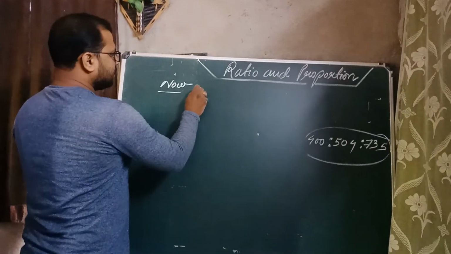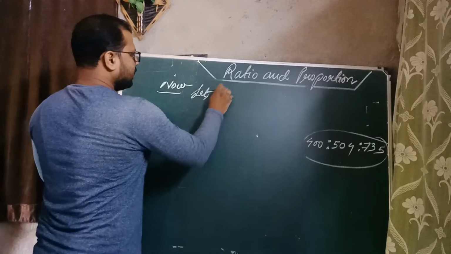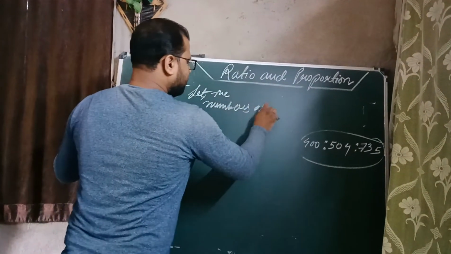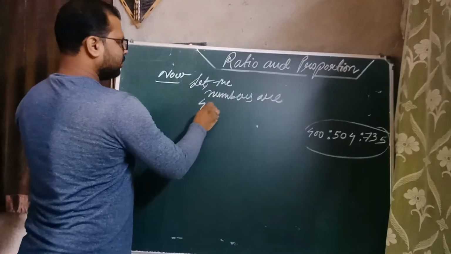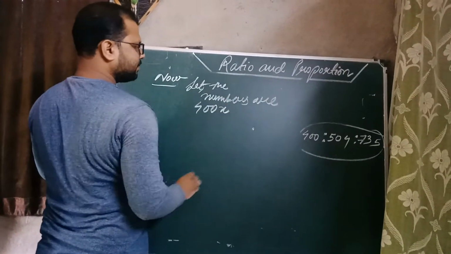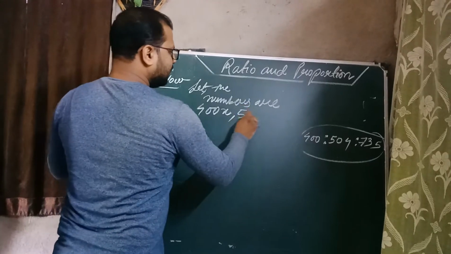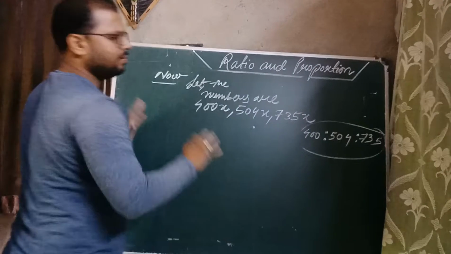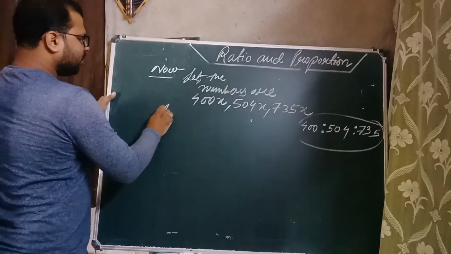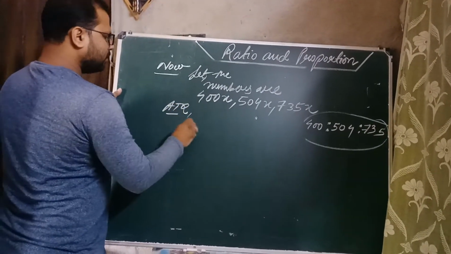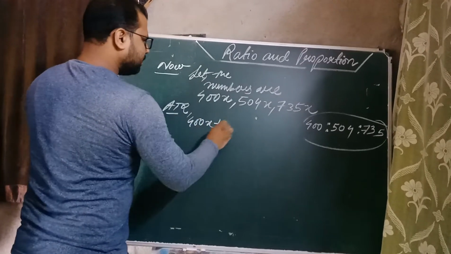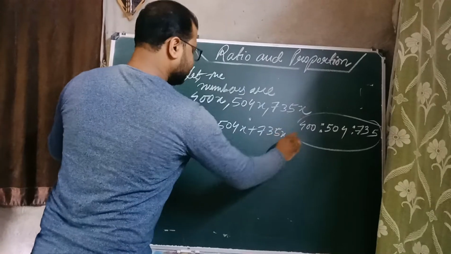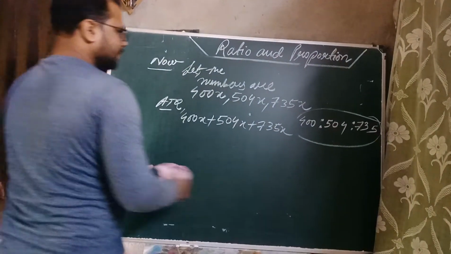So now, let the numbers be 400x, 504x and 735x. Three numbers we have considered. The sum is given. According to the question, 400x plus 504x plus 735x.